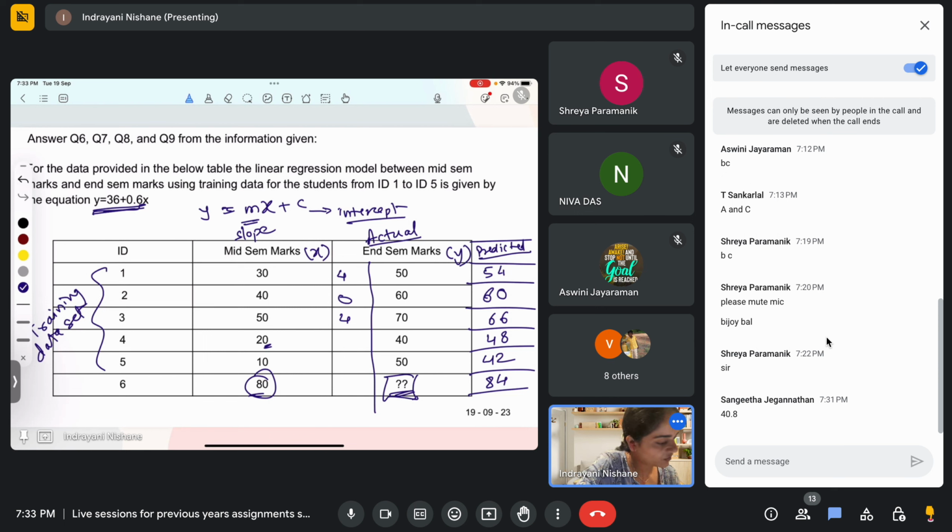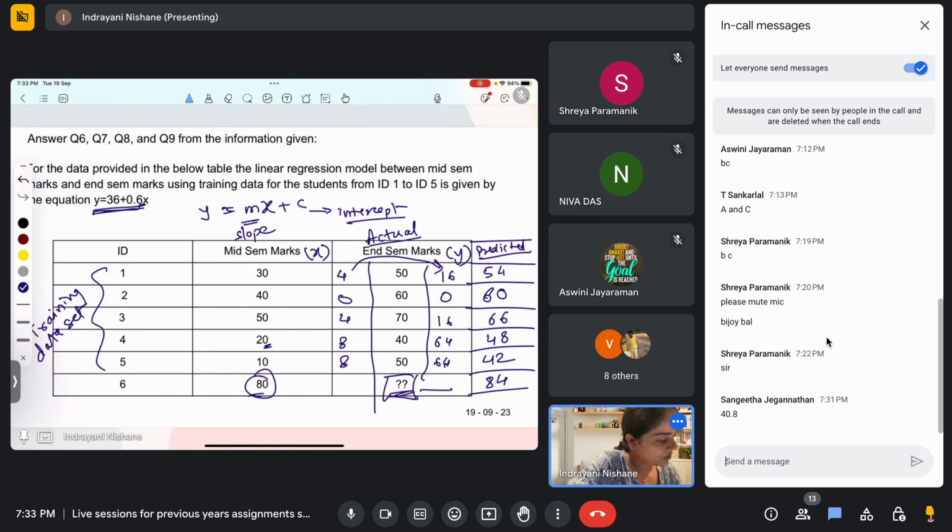The difference here is 8, here again 8, and here we will not, since we are predicting; our training data set is from 1 to 5, so here we are not concerned. Let me write down the square of this difference over here: 16, 0, 16, 8 square 64, and 8 square 64.